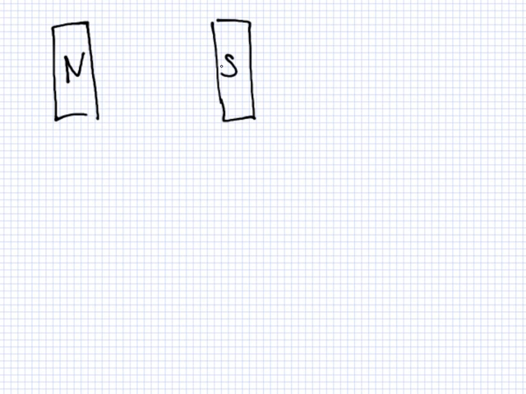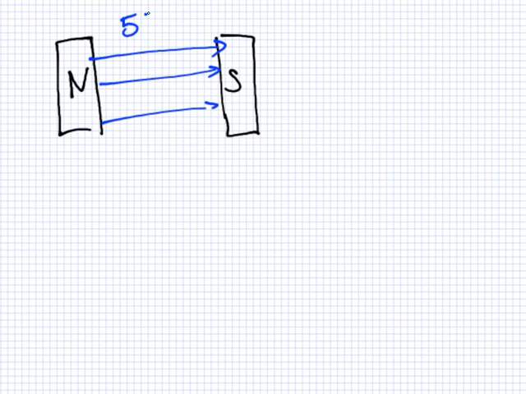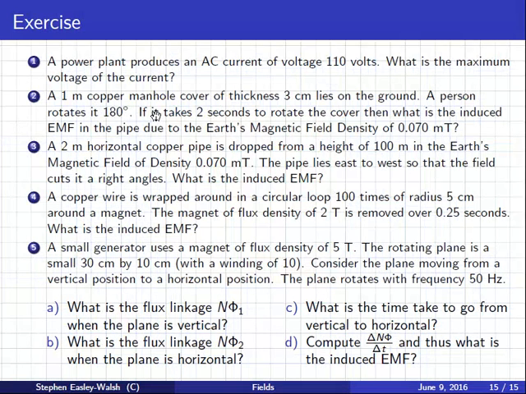Okay, so we have a north, we have a south, and we have a magnetic field of density 5 Tesla. The rotating plane is a small 30 by 10 rectangle.